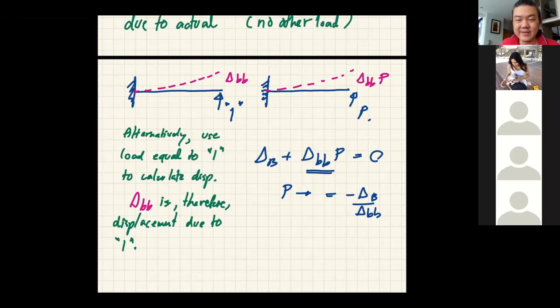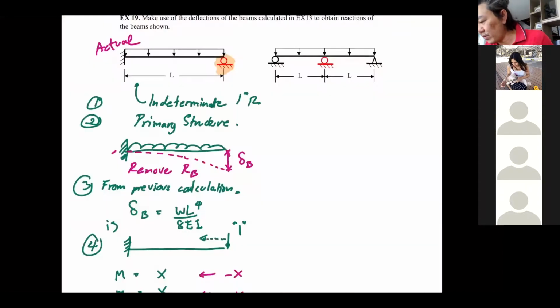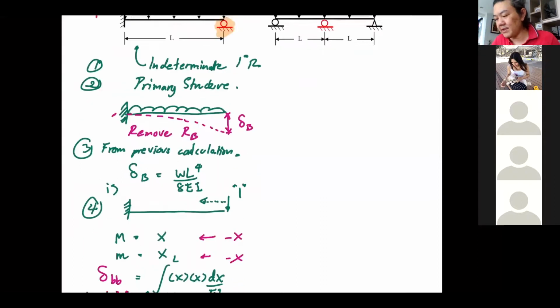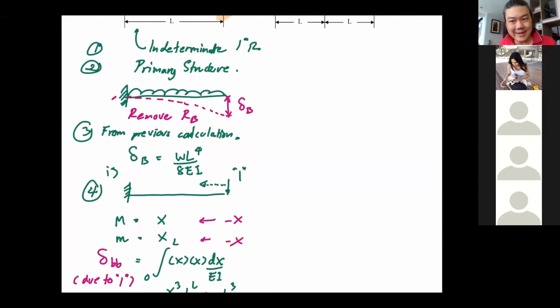So if RB turns out to be 5, the displacement is going to be 5 multiplied by the number that you get from the load equal to 1. That's one approach. Pick what you like. Because we don't know how much it is, we start from calculating the displacement of the load equal to 1. So 1 becomes your actual load.